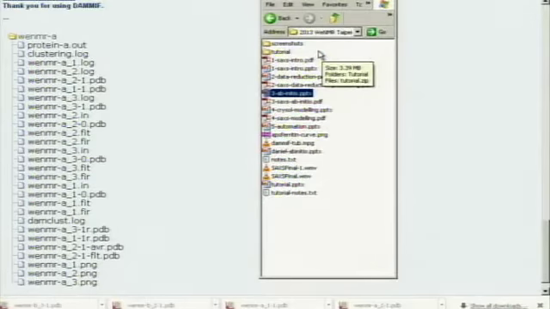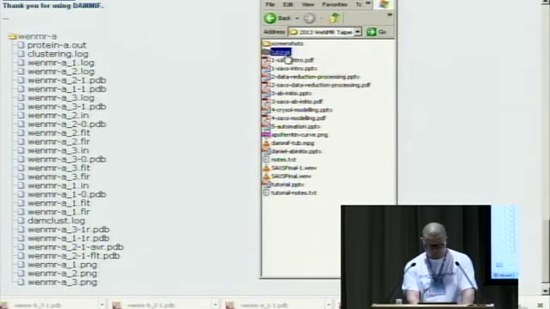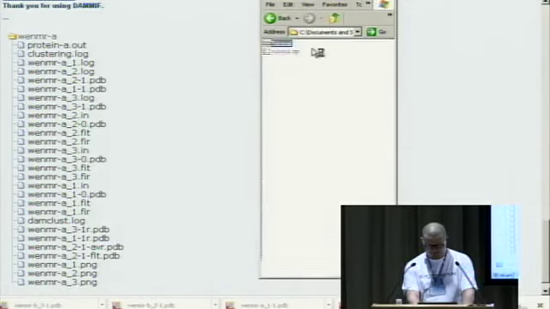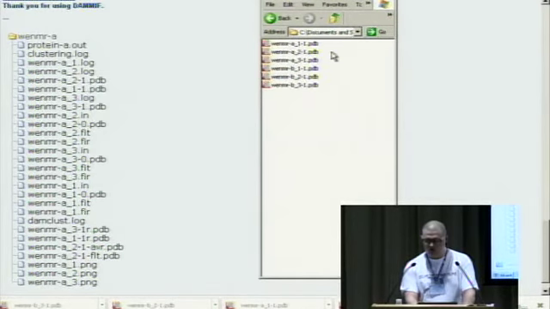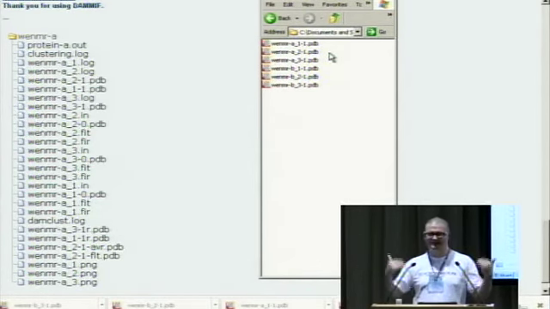So let us see what kind of shapes we got. So here we have 3 models for protein A and 3 models for protein B. However, I recommend you to run it 10 to 12 times in order to get decent NSD values that you can analyze.